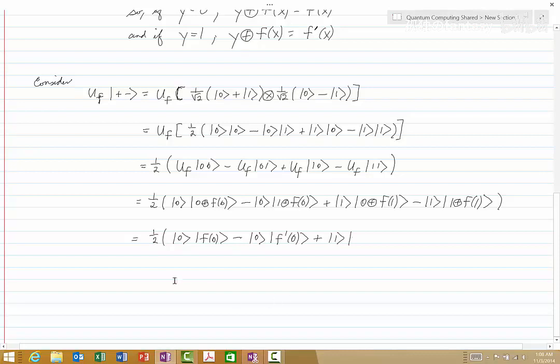Then, similar to what we had before, 0 exclusive or f of 1 is f of 1. And then finally, minus 1. And 1 exclusive or f of 1 here will be f prime of 1.